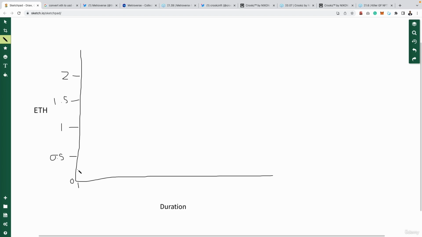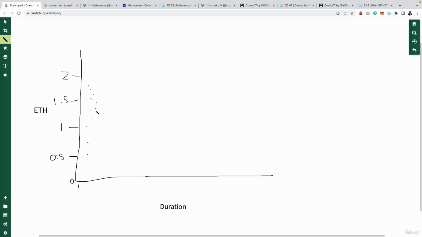So if they're minting for 0.2, 0.25, they might be listing that NFT on OpenSea for maybe 0.75. Some of them will list it for 1 ETH, some will do 1.5, some may even do 2 Ethereum. But the point I'm trying to make here is that people are going to be listing that NFT for lots of different prices, and this is all going to happen on the first day when the minting happens.